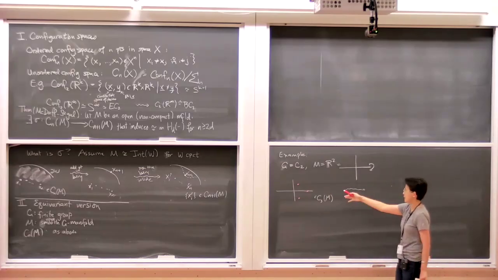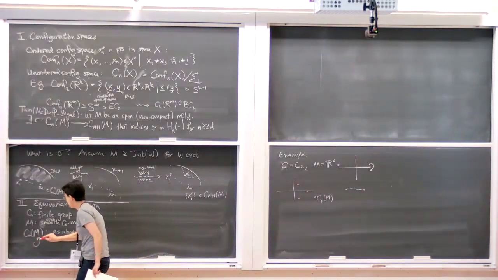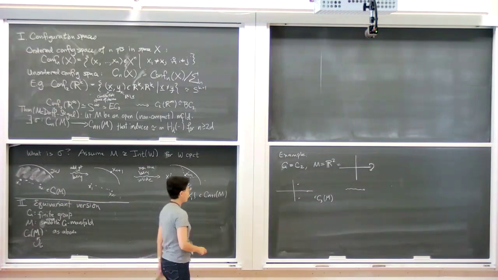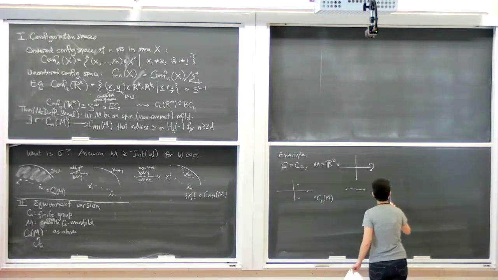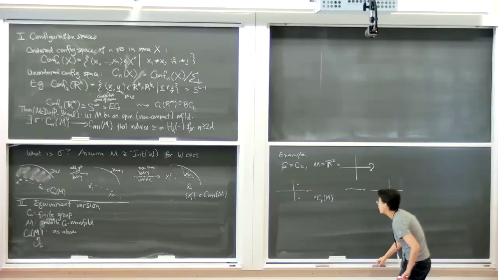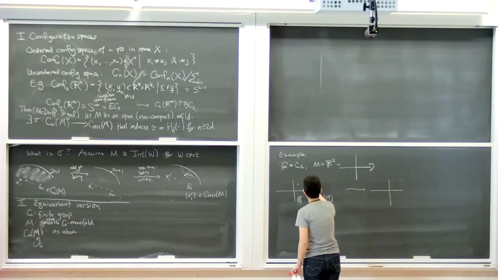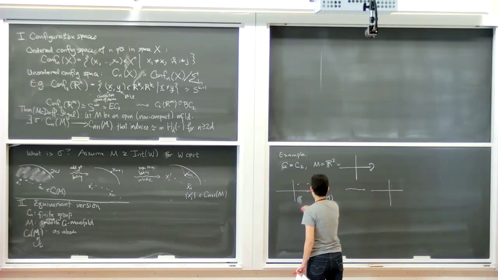And there's also an action on this. This configuration space has an action by G because I can apply G to the points. If I apply, you know what? I like that one, but I want to start with a different one. Let's start with that one.